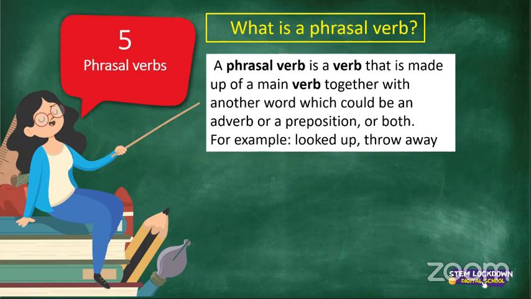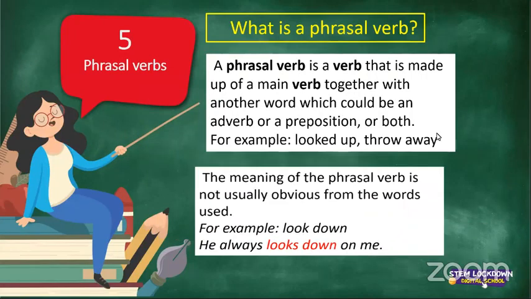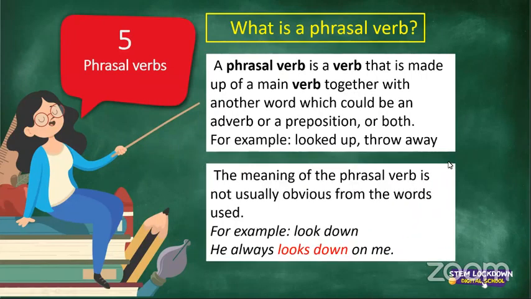For example, look up, throw away. And the meaning of the phrasal verb is not usually obvious from the words. Like look down doesn't just mean look down. It could also mean he looks down on me, he thinks that I'm not important. So sometimes phrasal verbs have got 2 meanings.